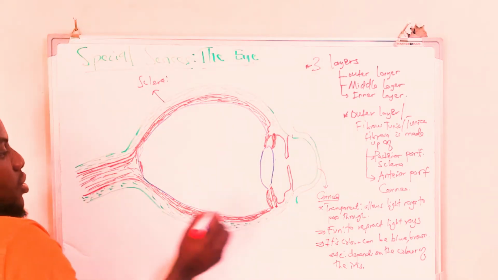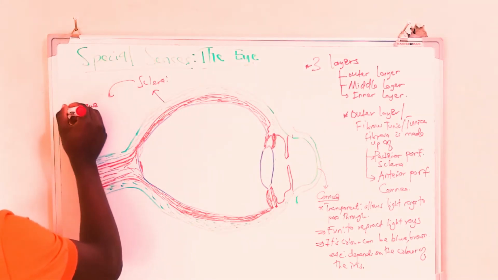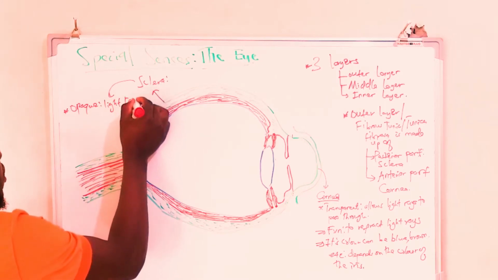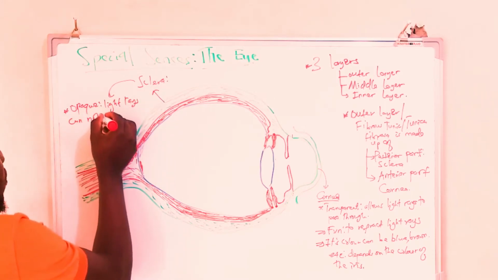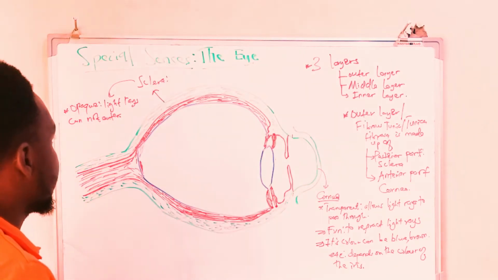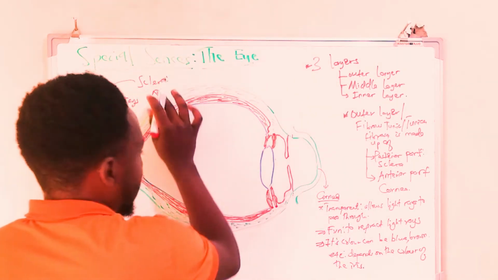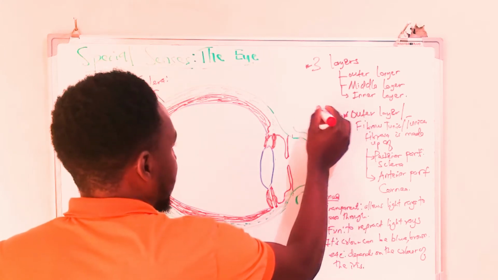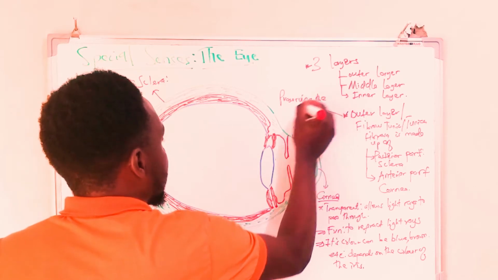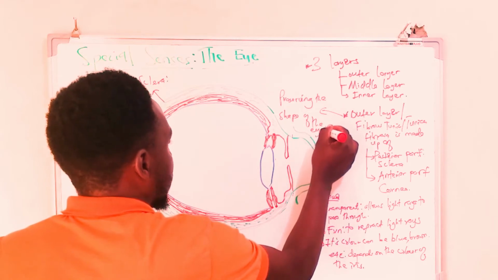Compared to the cornea, this one is opaque. Light rays cannot enter through this layer. So generally, the outer layer, which is the sclera and the cornea, functions in preserving the shape of the eyeball.